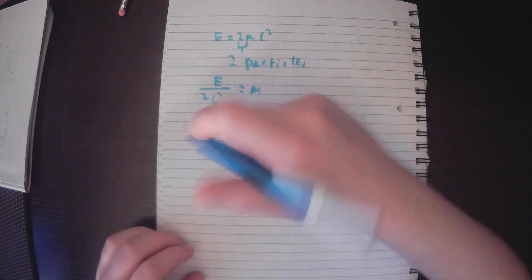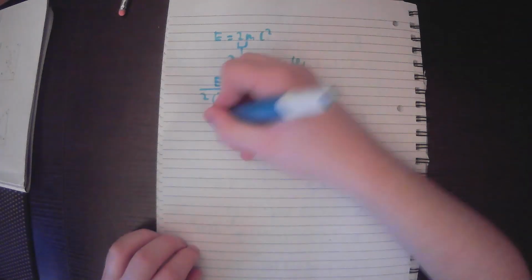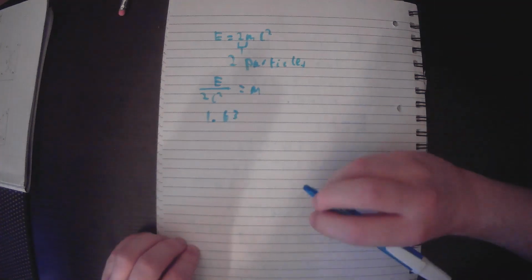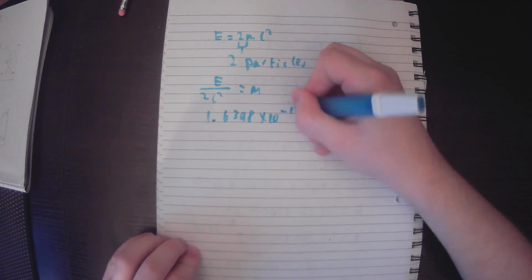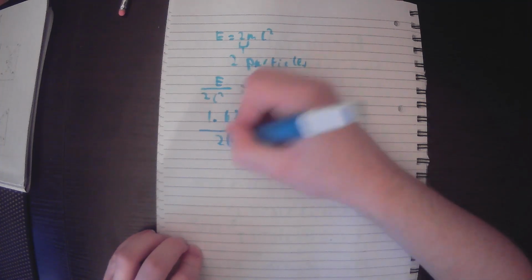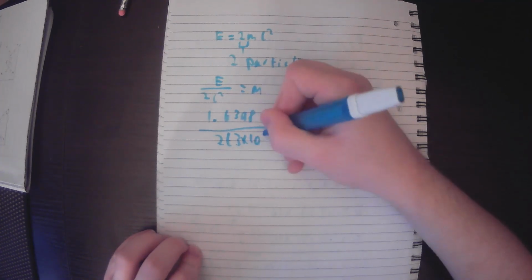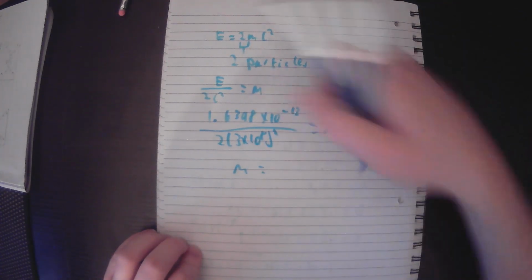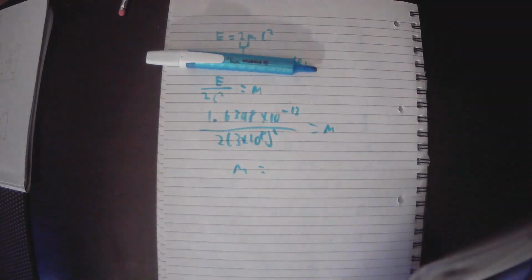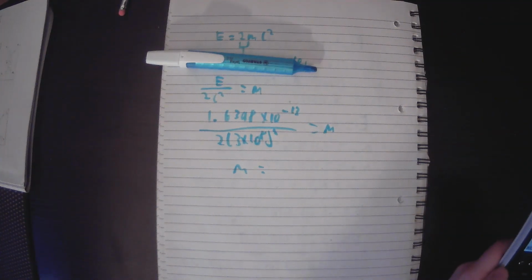So we can work with the exact same numbers that we did before. 1.6398 times 10 to the minus 13 over 2 lots of 3 times 10 to the 8 squared equals m, and I'm just going to plug this into my calculator to see if it's actually right. It should be.